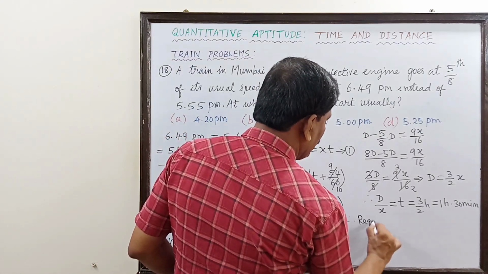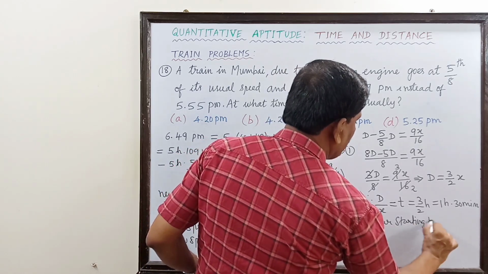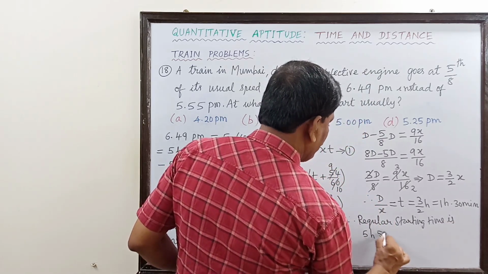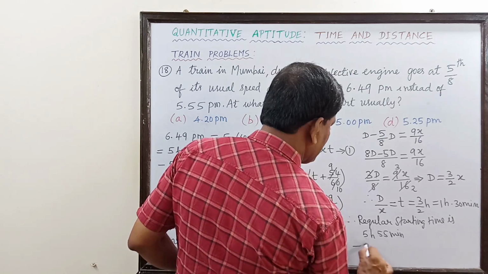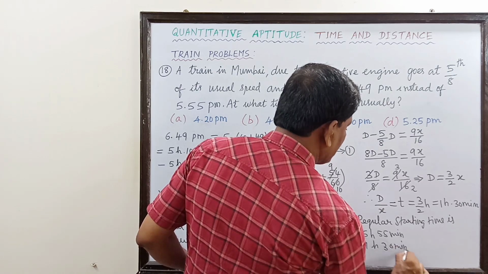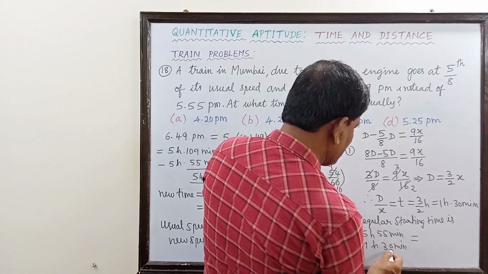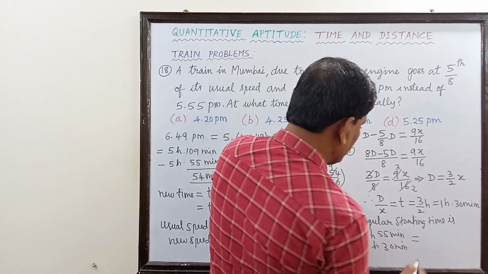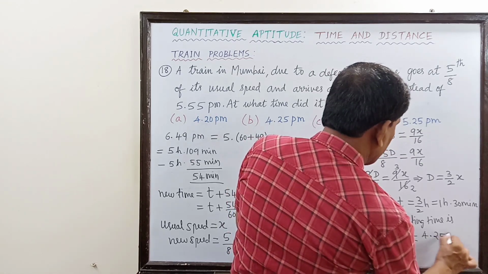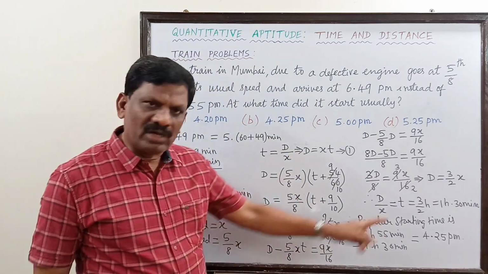Therefore, the usual starting time is 5 hours 55 minutes minus 1 hour 30 minutes. So 55 minus 30 is 25, and 5 minus 1 is 4. So this is 4:25 p.m., the usual starting time.